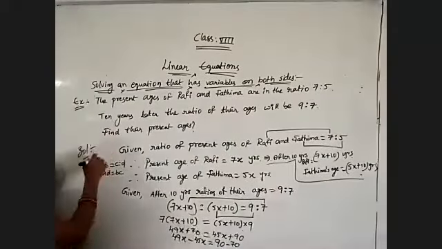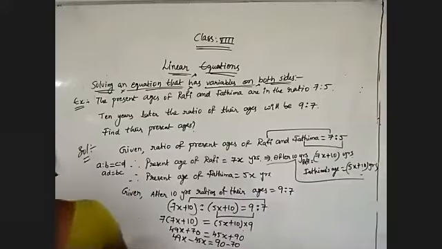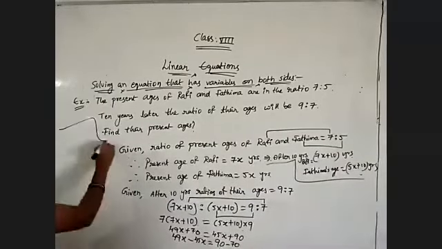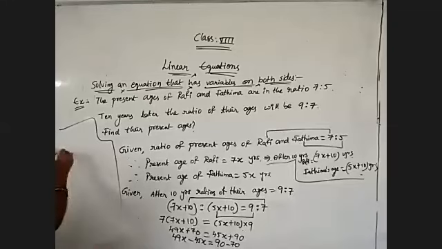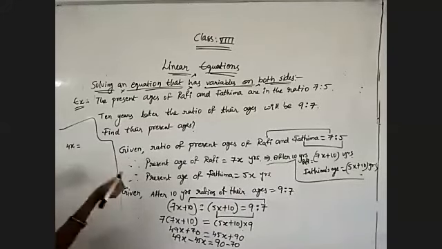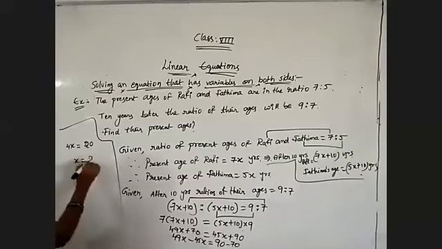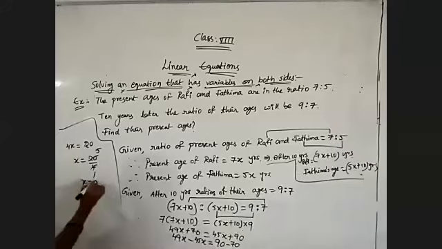So here I am doing 49 minus 45, that is 4x is equal to 90 minus 70, 20. So x is equal to 20 by 4. 4 fives are 20. x is equal to 5.